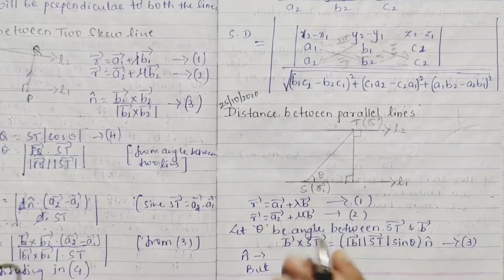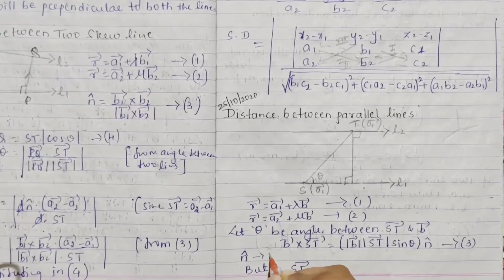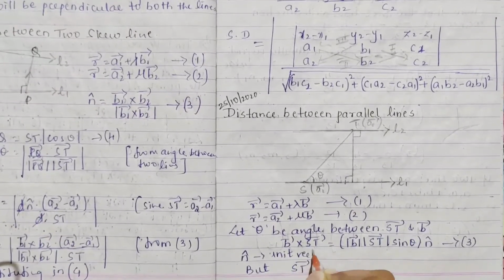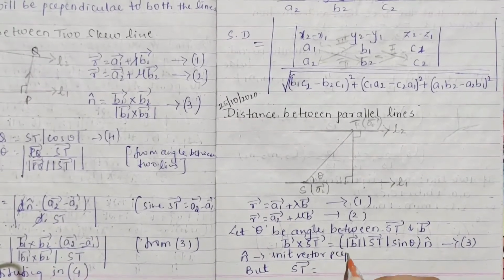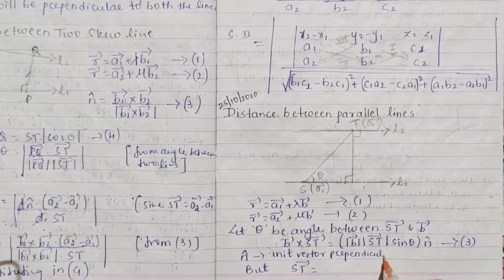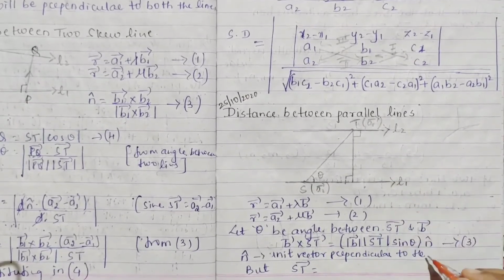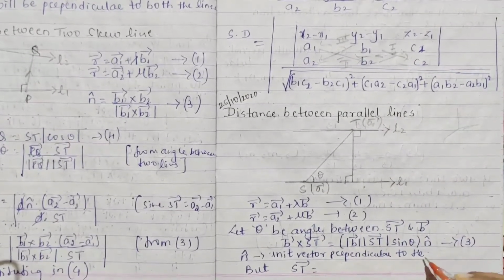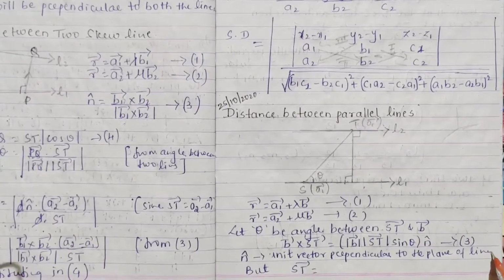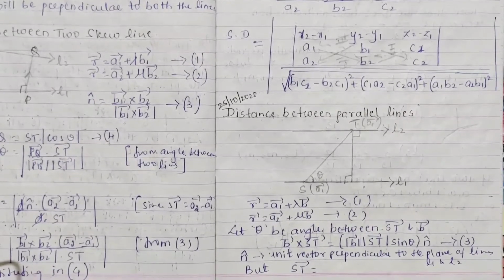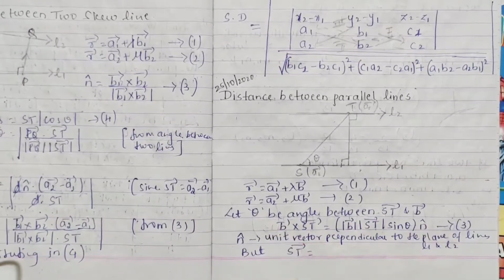Where n cap means what? n cap is a unit vector, and that is perpendicular to the plane of the lines L1 and L2. This is from the cross product, you have studied this.